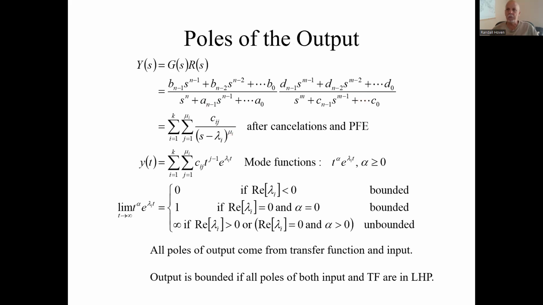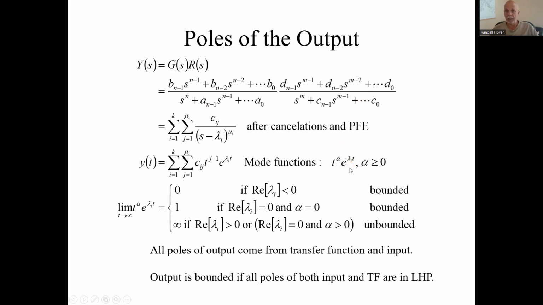The mu is how many times any given pole is repeated. And then when you inverse Laplace transform that, you get the output, which is a linear combination of these mode functions. And these are what the mode functions look like.